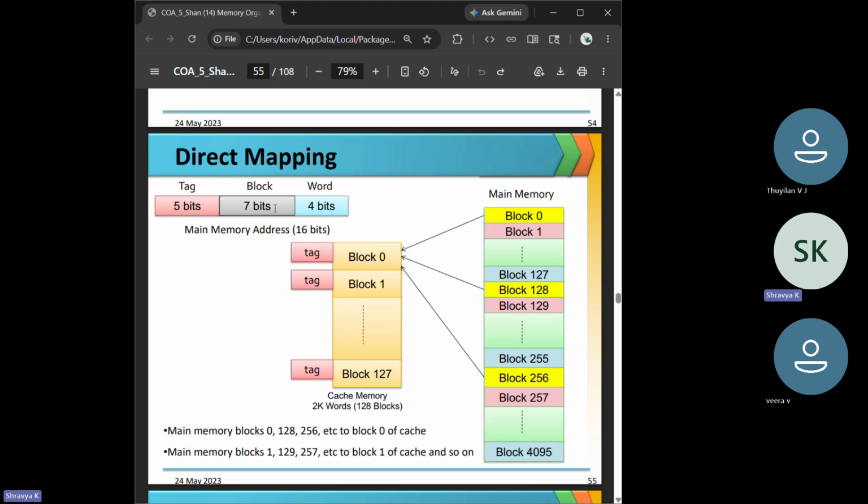block, right? So for each of these 128 blocks, you will have a particular tag, right? And there will be 7 such blocks. So you can see that there'll be block 0, block 128, and similarly there'll be 7 such blocks mapped over here.